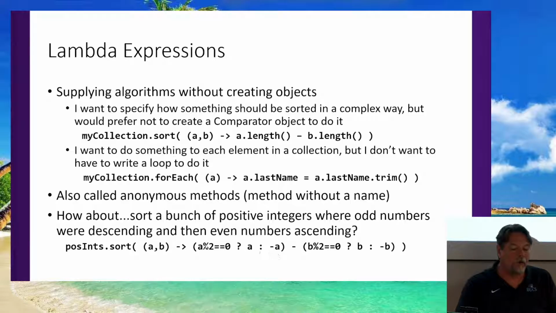So all I'm doing is basically saying if the number is even, if you divide by 2 and the modulus is 0, that means it's even, then I want to return A, otherwise I want to return negative A. Same thing for B, and then I subtract the two.